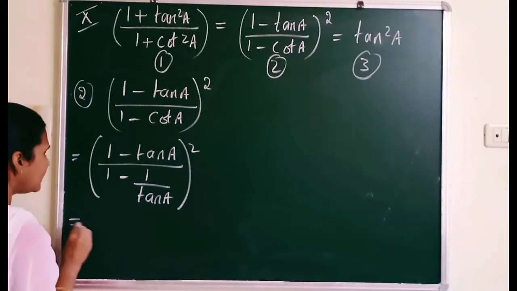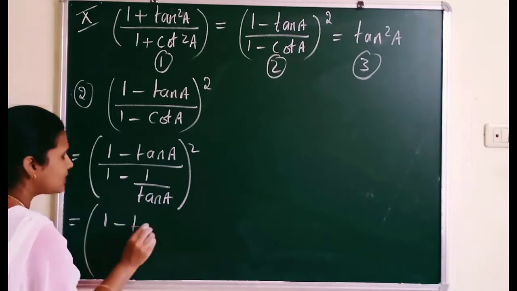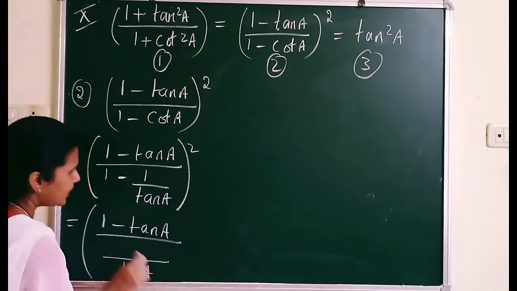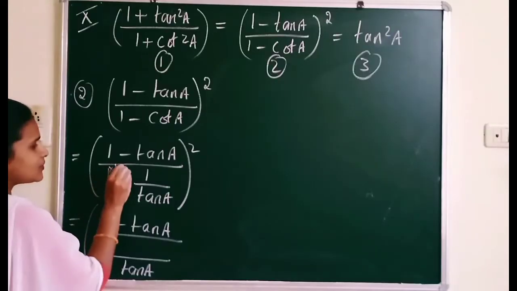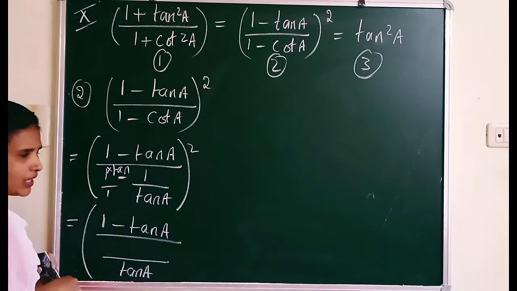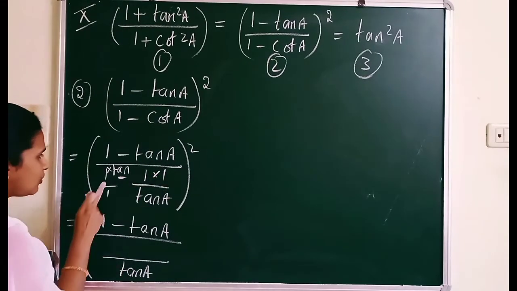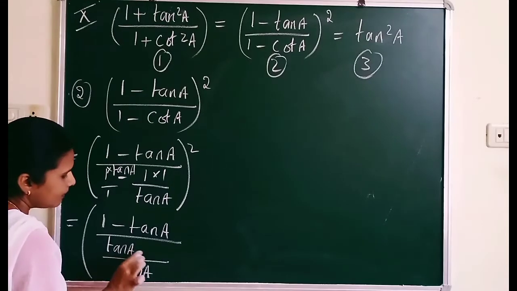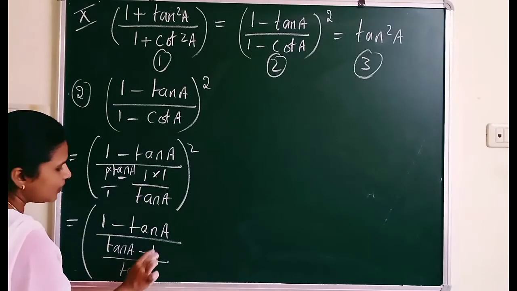So now in the numerator write 1 minus tan A as it is, but in the denominator if you take the LCM as tan A, you have to multiply by tan, because here you have 1 and here 1. So what you will get: 1 into tan A is tan A minus 1 into 1 is 1, whole square.